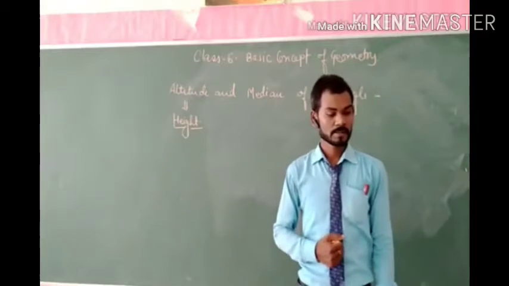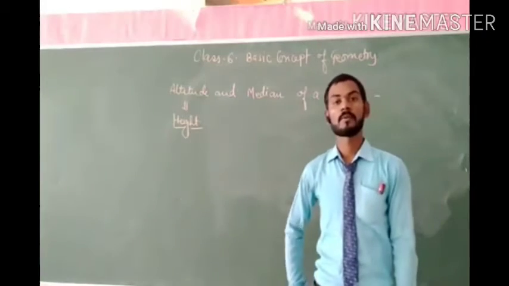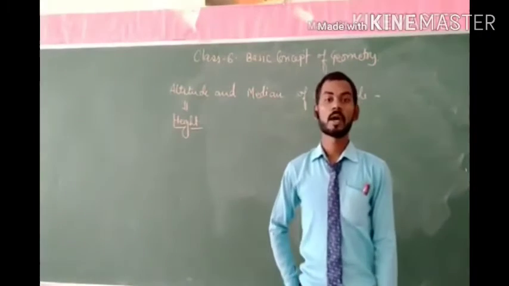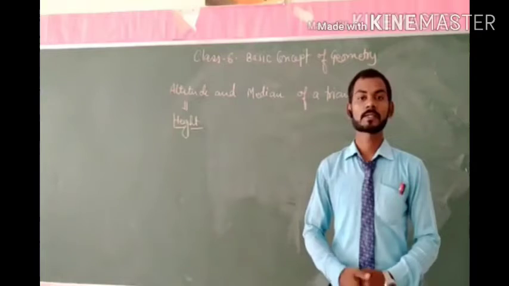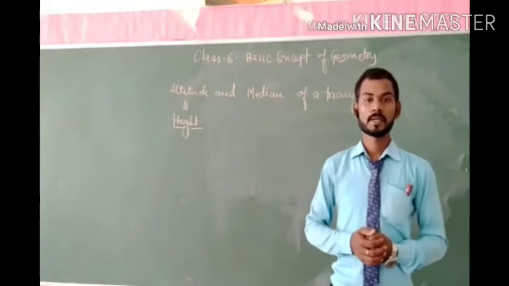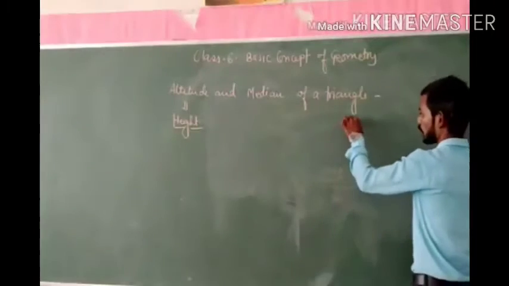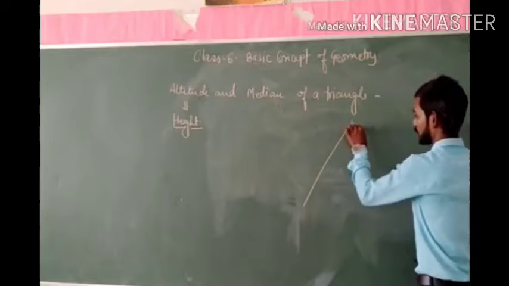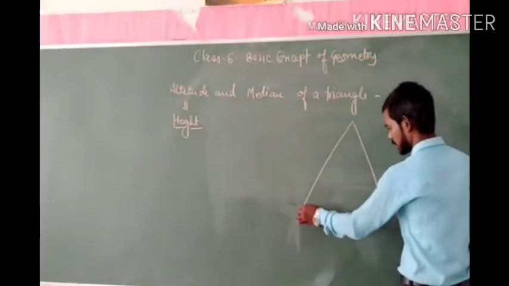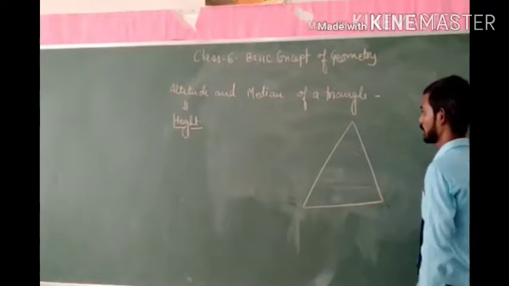We define that the length of the perpendicular from the vertex to the opposite side is known as the altitude of the triangle. So, if we draw a triangle, in this triangle we can see the altitude of the triangle.